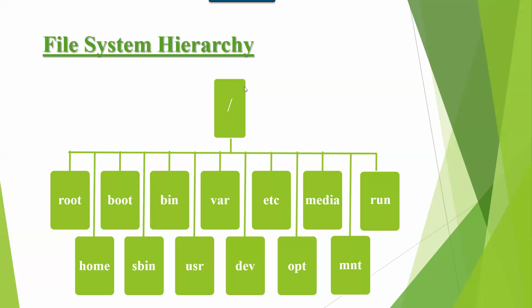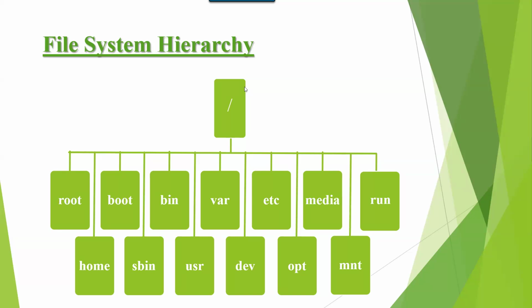MNT contains partitions and their mounted directories information. In Windows, after creating partitions, we format the partition. Once it is formatted, we can access the partition, right? We just double click on the partition and we can enter it, create, delete, check, do whatever we want.